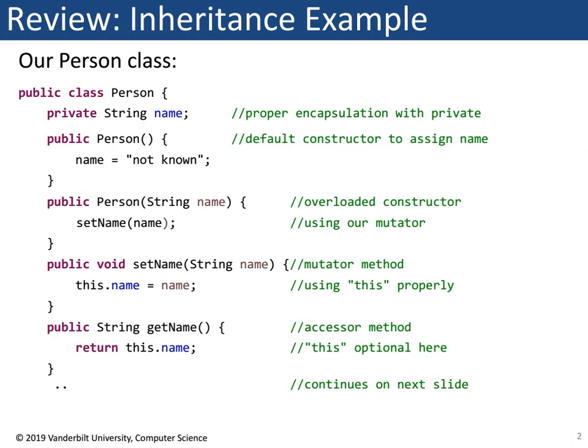So recall we had this person class, which we defined as a superclass to both student and employee. So we had name as the only instance variable, as well as a default constructor, a constructor which is going to take in the parameter name and set the name, and have mutator and accessor methods.